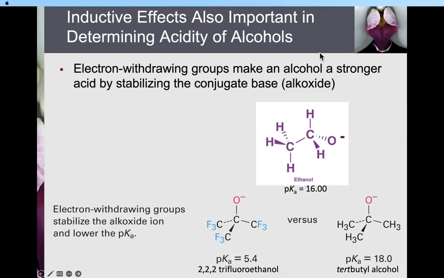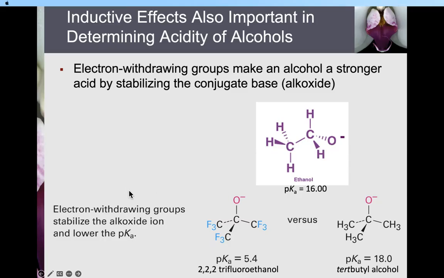And then tert-butyl alcohol has a pKa of 18. This is a nonafluoro tert-butyl alcohol. Yes, this is not 2,2,2-trifluoroethanol.